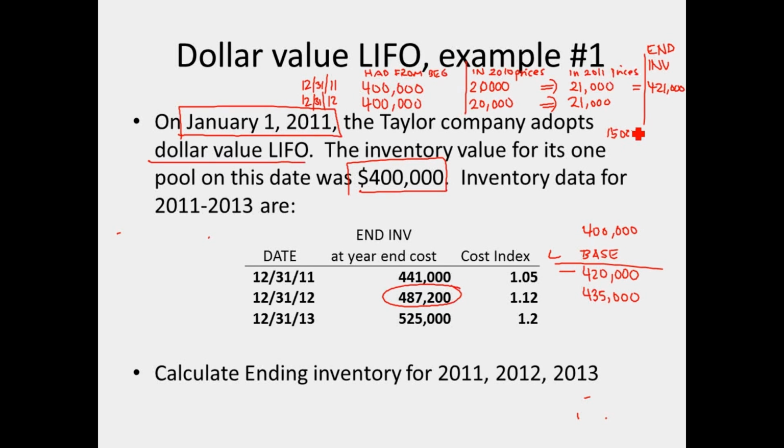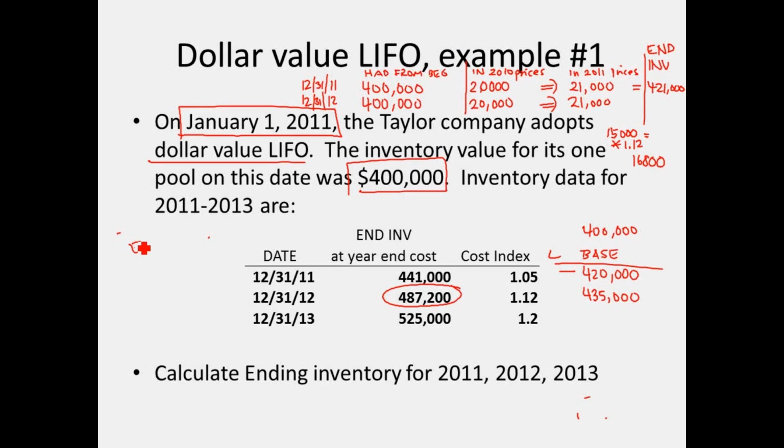No, why not? Because when did we buy the extra 15? 2012. How much does it cost us in 2012 if this is 2010 pricing? So I have to multiply this by what? 1.12, which gives me 16.8.